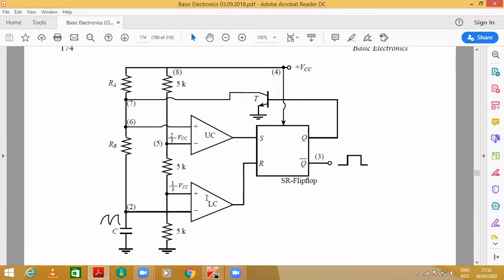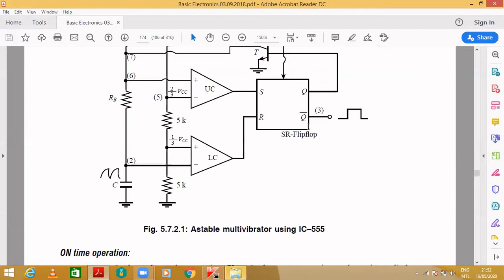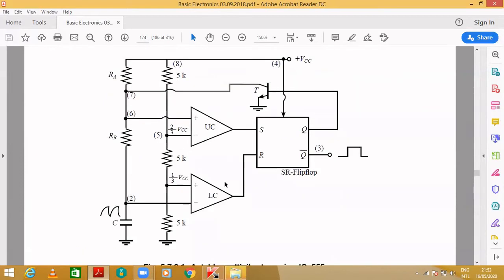You can observe we are using three resistors, and the three resistors are of the value 5 kilo ohm. That's why it is named the triple five timer, because three resistors of the same value are used. The same plus VCC we are giving.